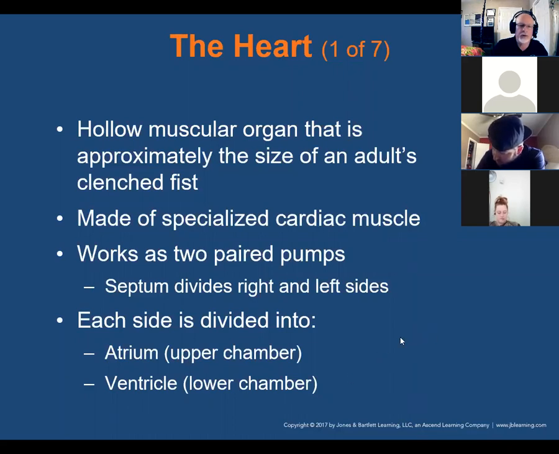The left ventricle has to get that blood to all those places.